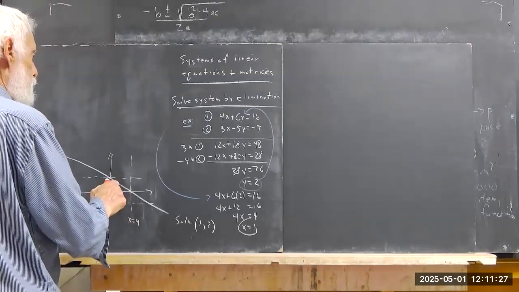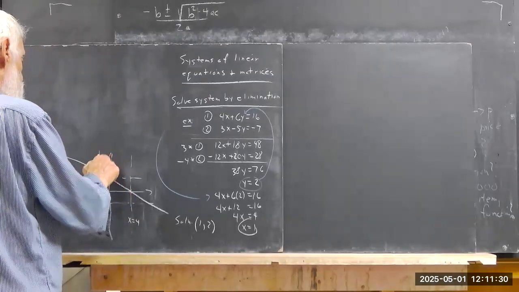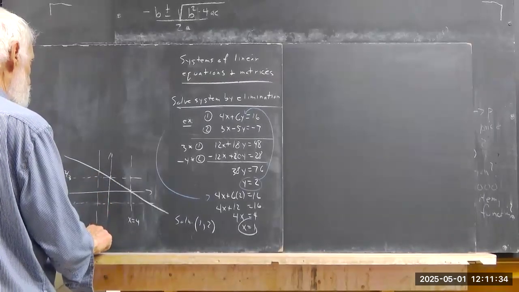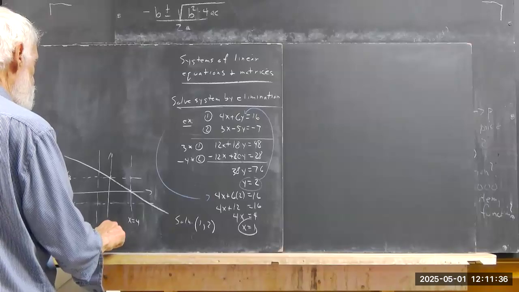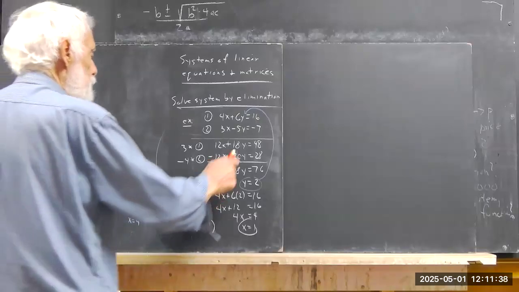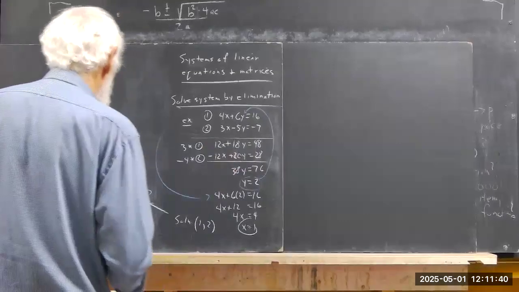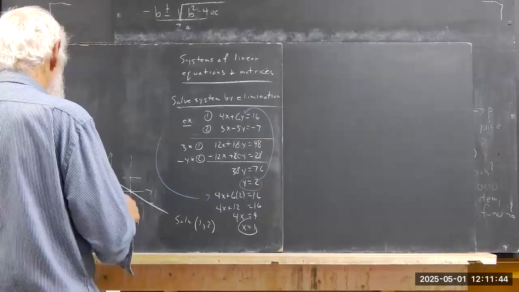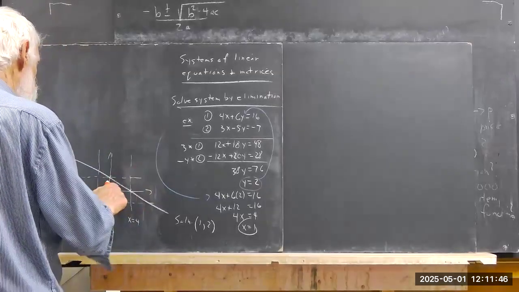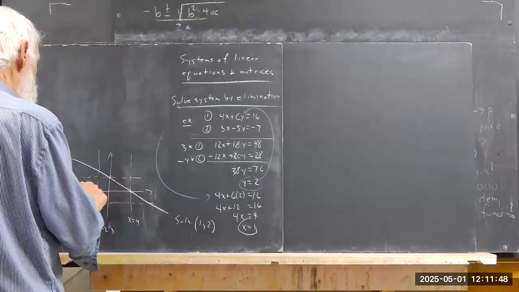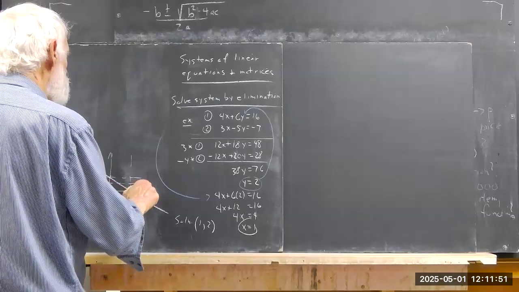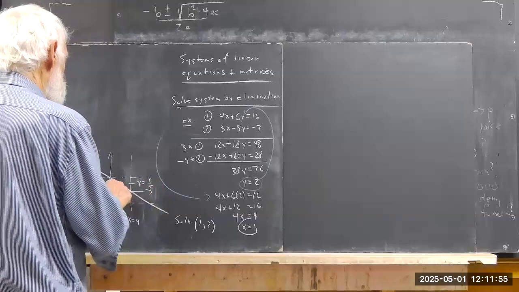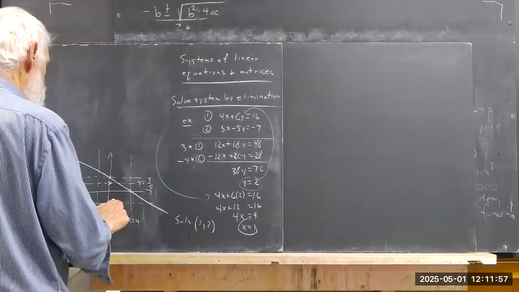-2 1/3 would be up here maybe. That should be a little further over. And y would be 7/5.